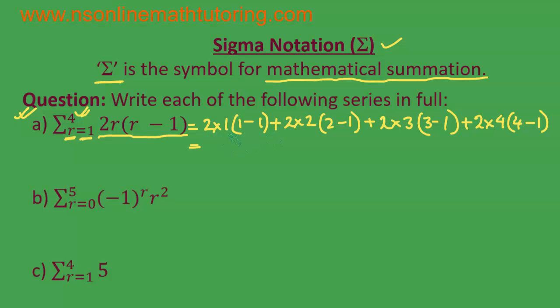2 times 1 is 2 and 1 minus 1 is 0. 2 times 0 is equal to 0. Plus 2 times 2 is 4 and 2 minus 1 is 1. 4 times 1 is 4. Plus 2 times 3 is 6 and 3 minus 1 is 2. 6 times 2 is equal to 12.